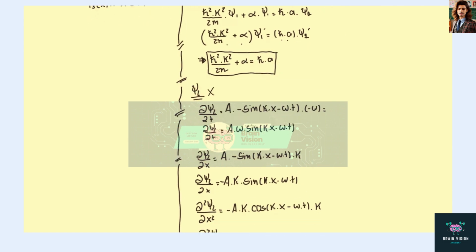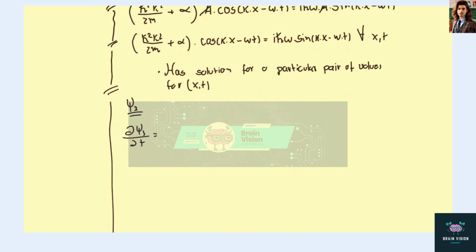Therefore, the time derivative is given by a times the cosine, which is the derivative of sine, of k times x minus omega times t, times the time derivative of the argument of the cosine, which gives us an extra factor of minus omega. Therefore, we have minus omega times a times the cosine of k times x minus omega times t.